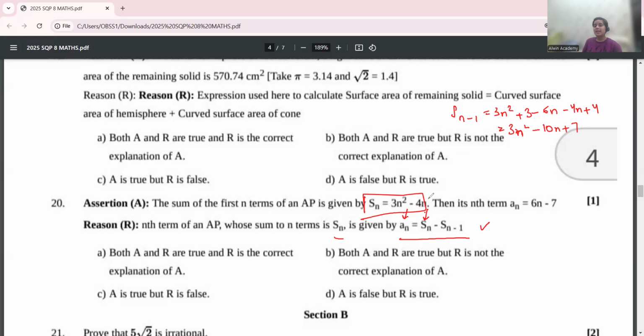So if I subtract Sn minus 1 from Sn, 3n square minus 3n square gets cancelled, minus 4n plus 10n becomes 6n, and plus 7 becomes minus 7. Yes, an is 6n minus 7. So assertion is true, reason is true, and also the reason is explaining the assertion. Thus the answer is option number A. Both A and R are true, and R is the correct explanation of A.